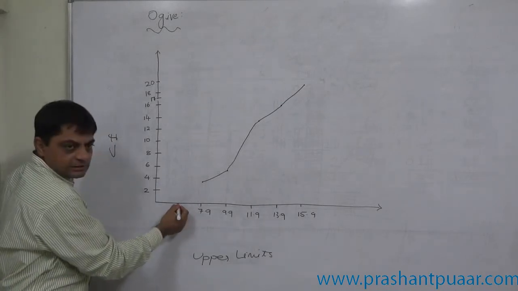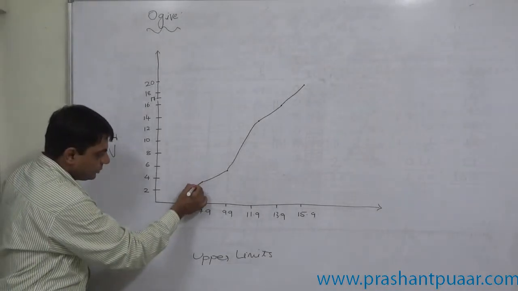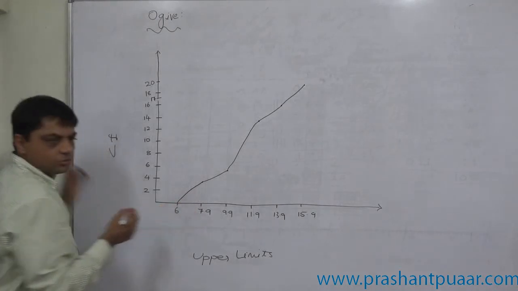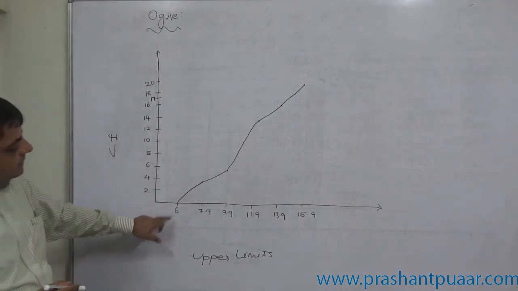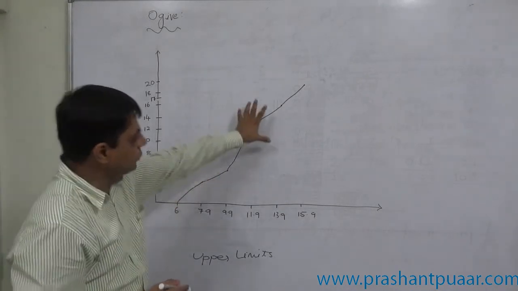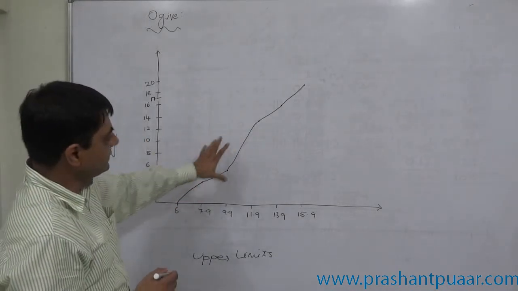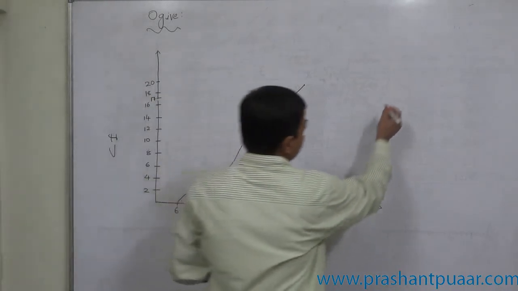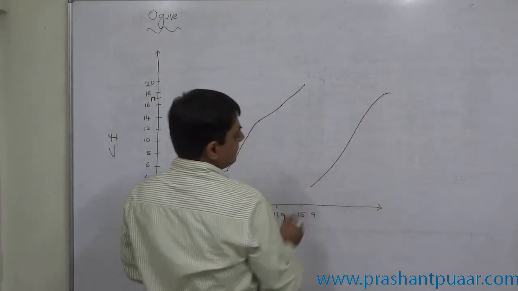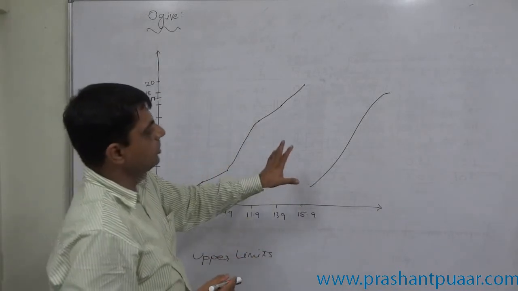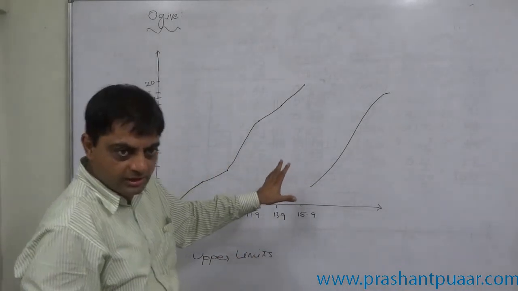So cumulative frequency at 6 is actually 0. And we can attach it to the horizontal or x-axis in this way. This is actually a sketch of Ogive, so perfection cannot be there. The real shape of the Ogive can be like this. This shape is actually called Ogive. Got it? Yes?